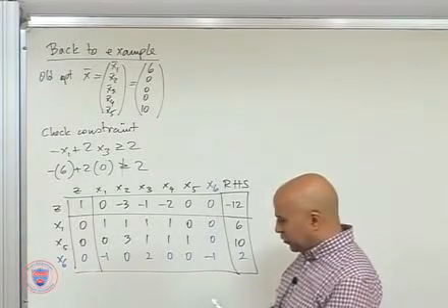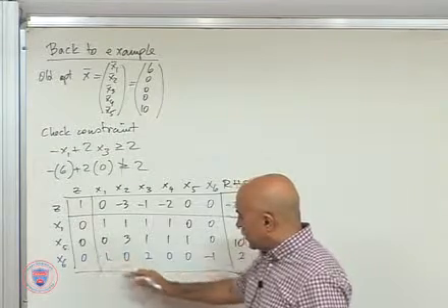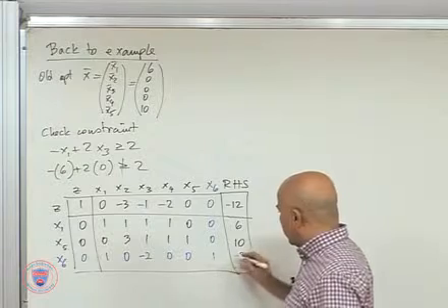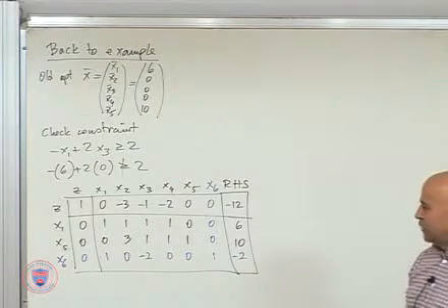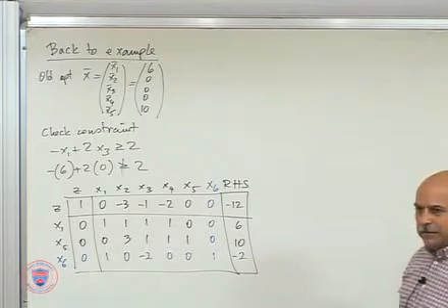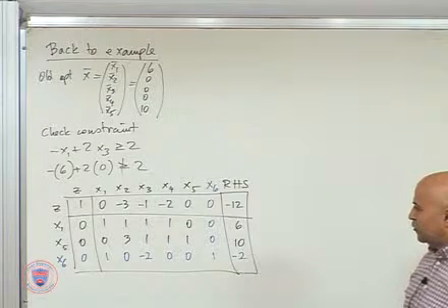Okay? So when you do that, of course, things change. That becomes plus 1, that becomes minus 2, this becomes plus 1, this becomes minus 2. Now I can use this. Or can I? Yes, it looks like I can use it.